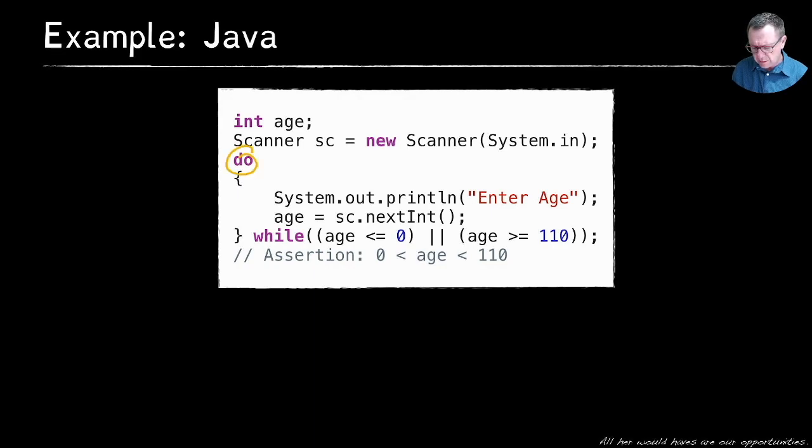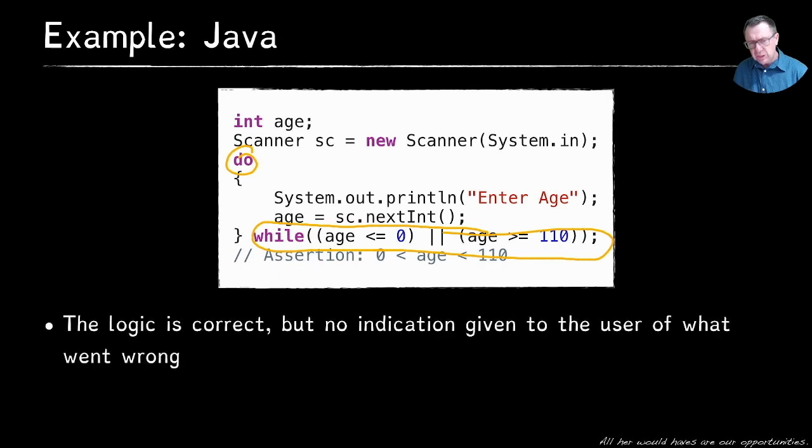Do, and then while. So the logic is correct, if you're going, oh, David, I didn't see it. But there's no indication given to the user of what went wrong. How does our user know what went wrong and what they should be fixing? Really important to know.